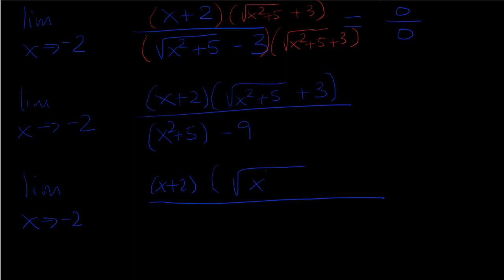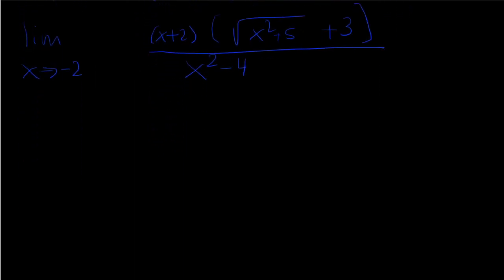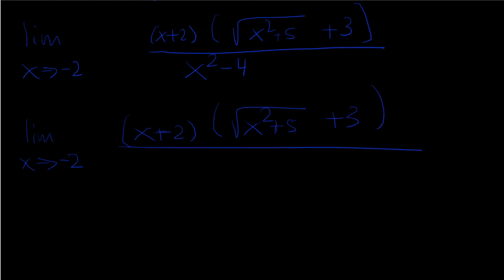Let's write this out. So it's x squared minus 4 at the bottom. And now I can simplify that even further. x squared minus 4 will give me x plus 2, x minus 2.